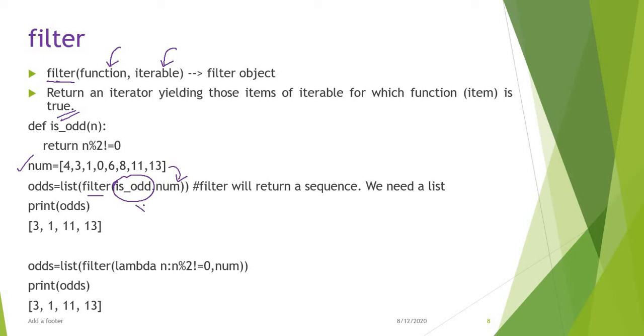I need to define this particular function is odd. Whatever the odd numbers are in this list, I have to take and give. Basically this filter will return the output as a sequence. I want the output in list format, so I'm using list before that. Then print this odds. It will print only the odd numbers, say 3, 1, 11, 13.